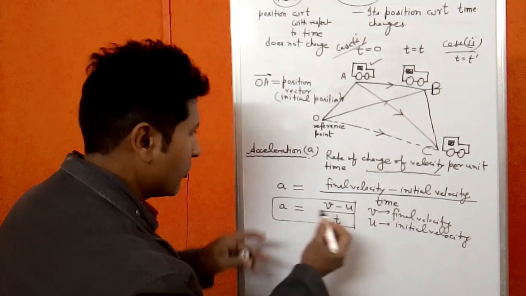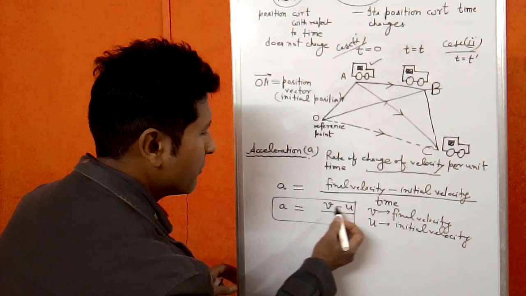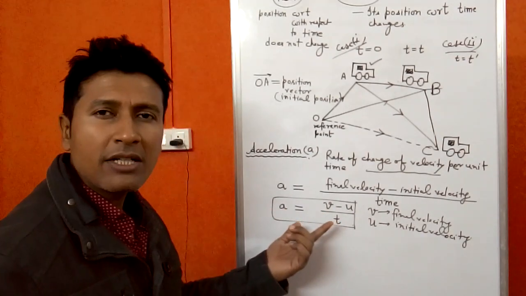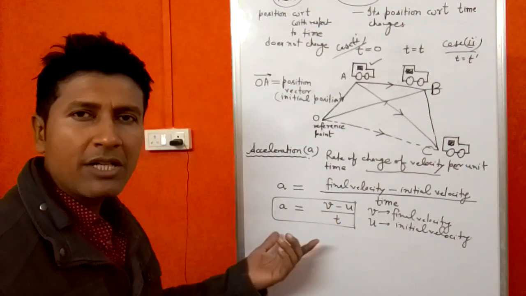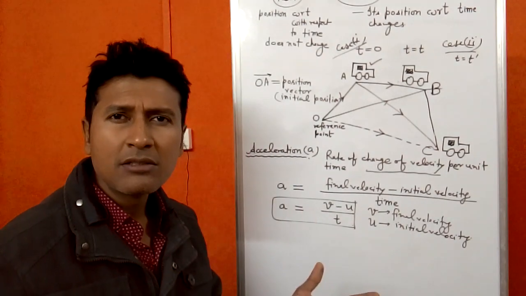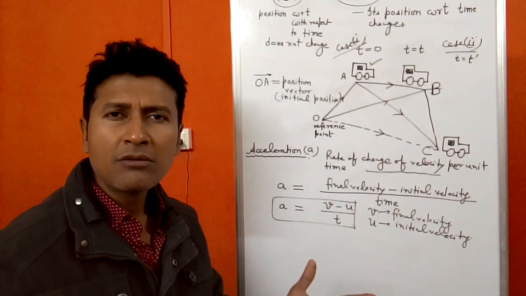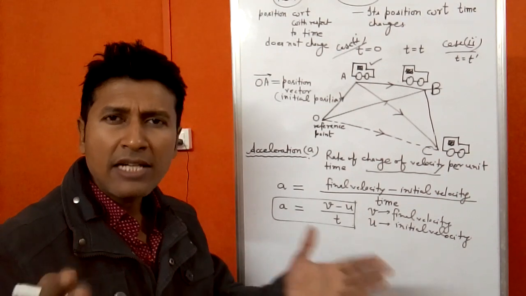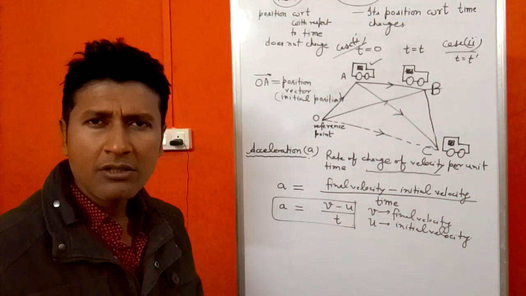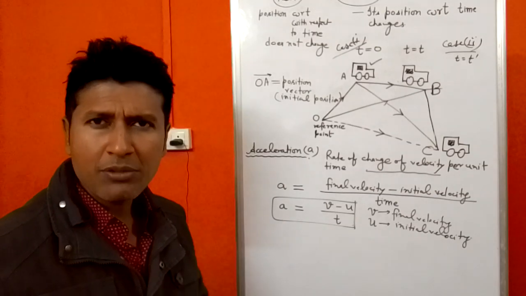Now, let's talk about the numerator part. Same quantities can be subtracted or added, right? Let's suppose you have 5 apples and another person has 10 apples. Total how many apples? 10 plus 5, yes, 15 apples.